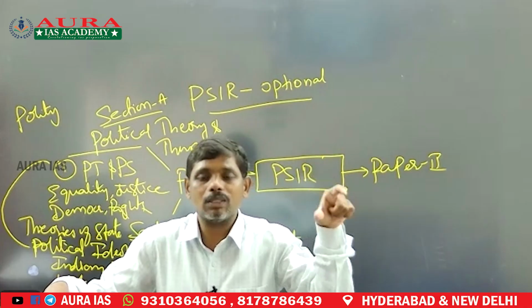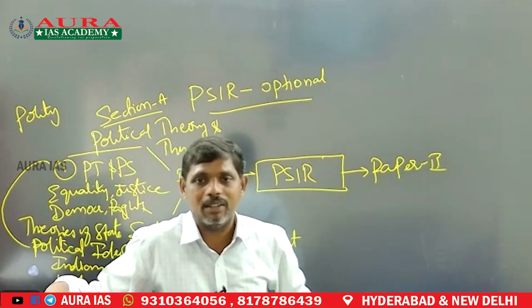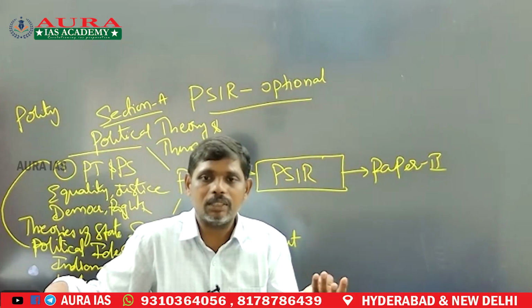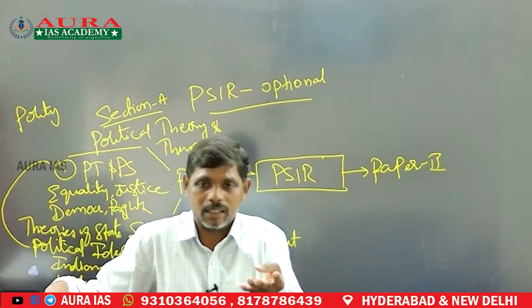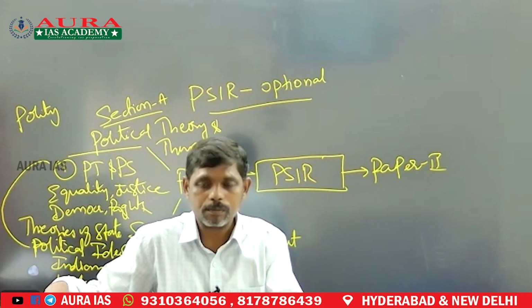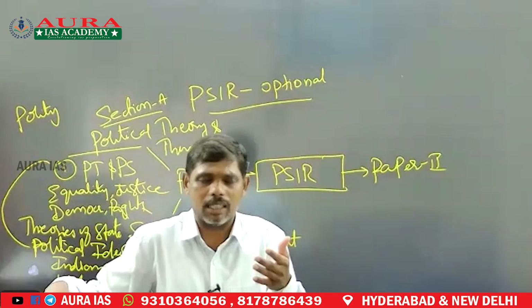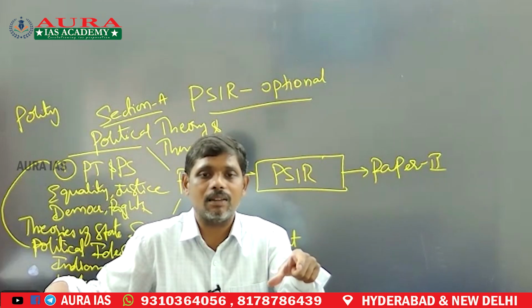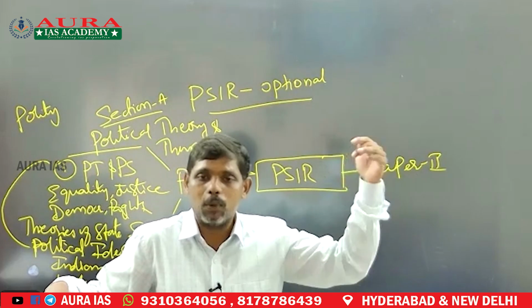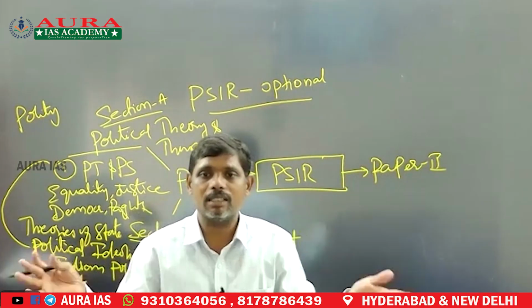Those are thinkers that we have already seen in the history part. You take Gandhiji, Buddhism, Jainism, M. N. Roy, Syed Ahmed Khan. These are different personalities that we come across in both prelims and mains of history. There is nothing new here.